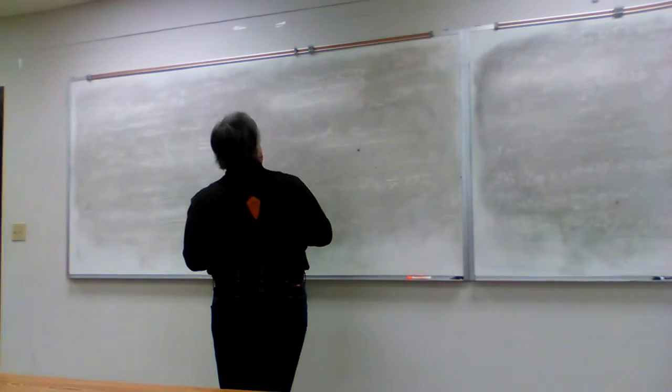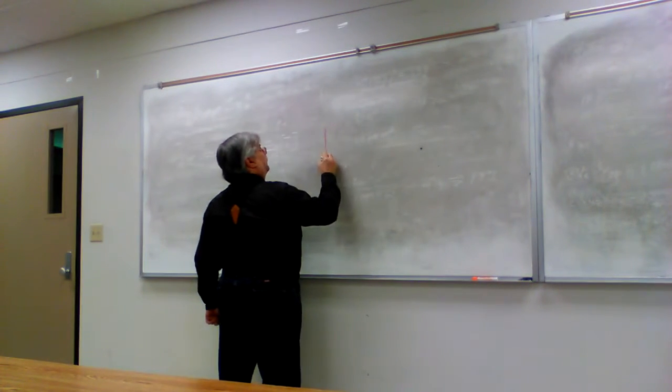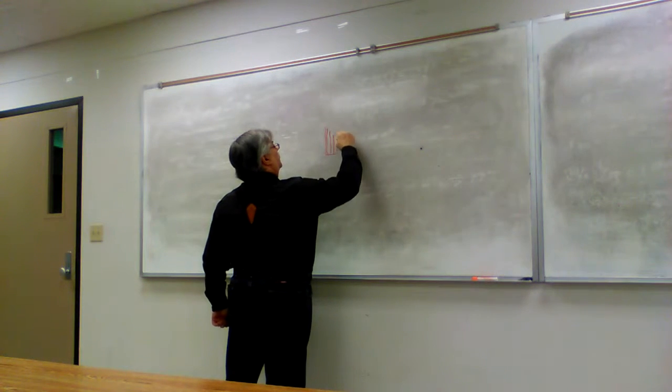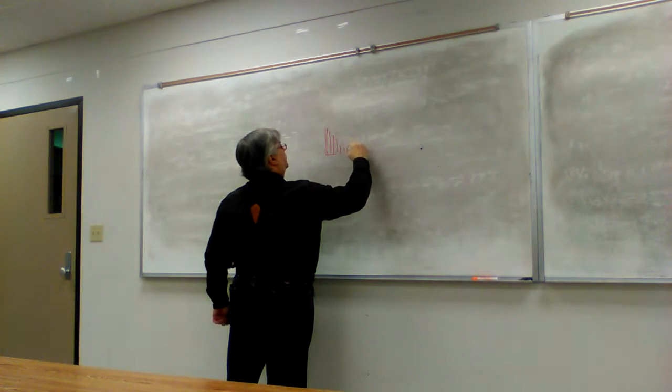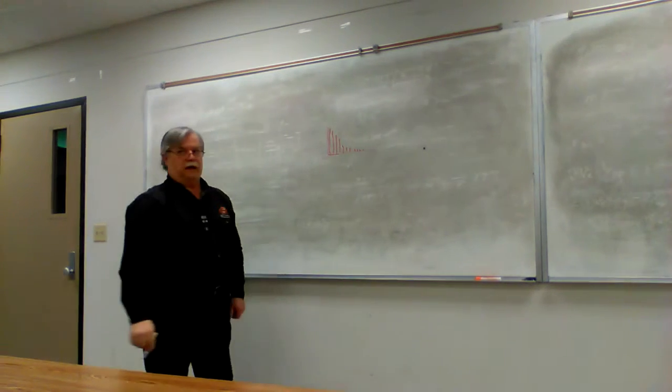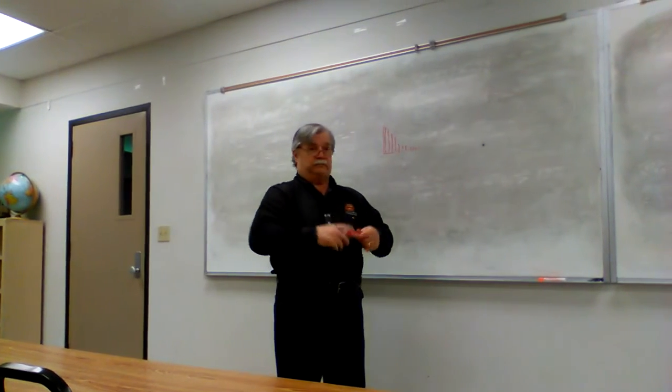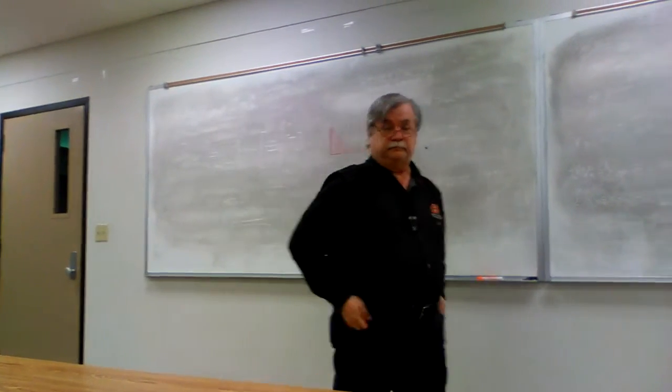So anytime you have a Pareto graph, the bars are going to be like that, going from highest to lowest. And that's what makes it a Pareto.